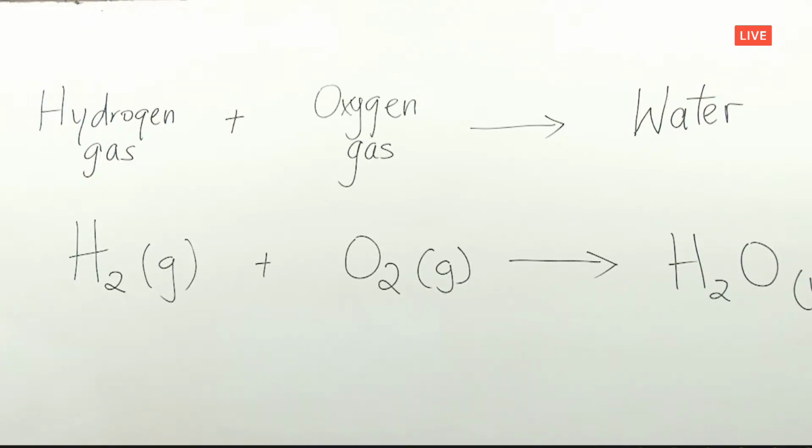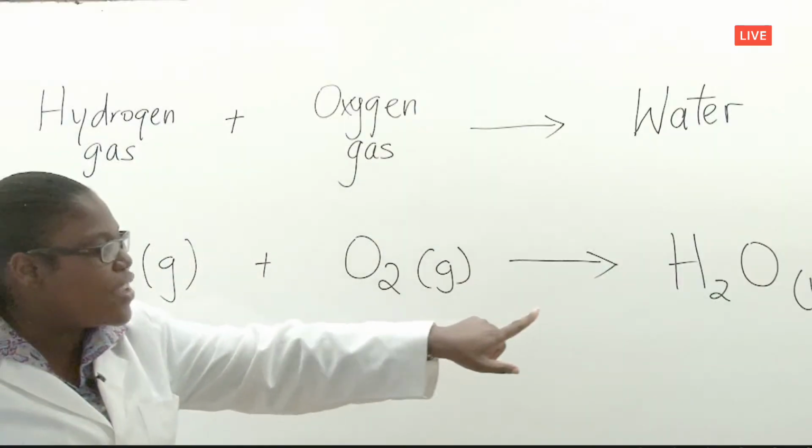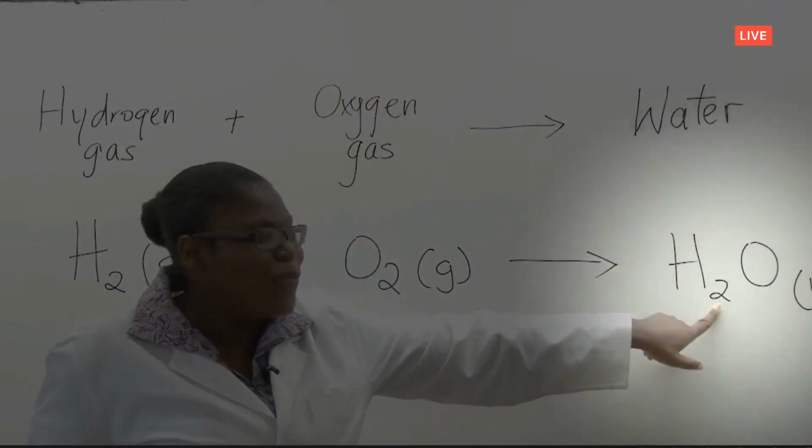We're just going to look at it. I want you to look at this equation and tell me what's not balanced. Let's go one by one. Hydrogen. We have how many hydrogens here? Very good. We have 2 hydrogens. How many hydrogens do we have over here? 2. Very good.